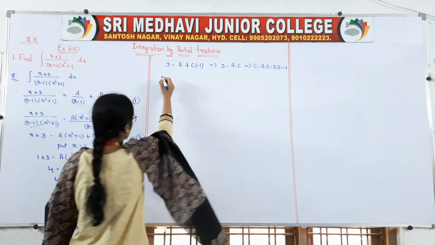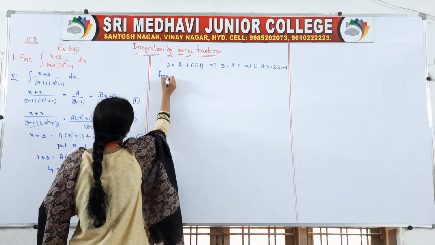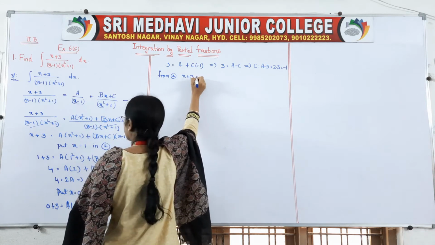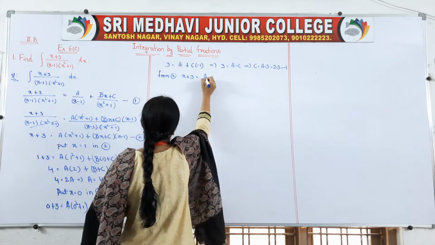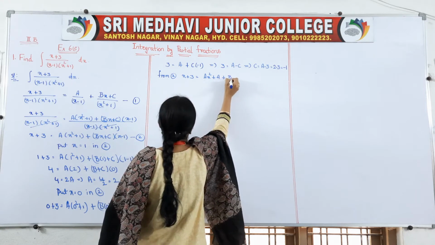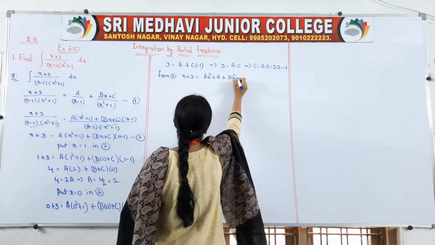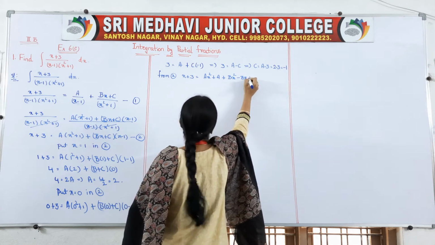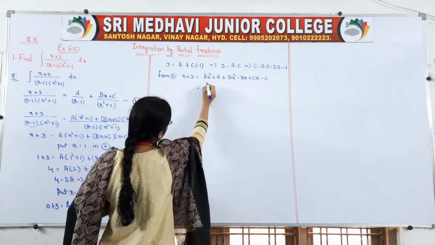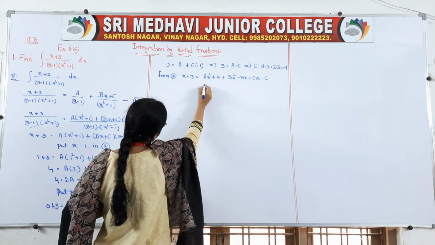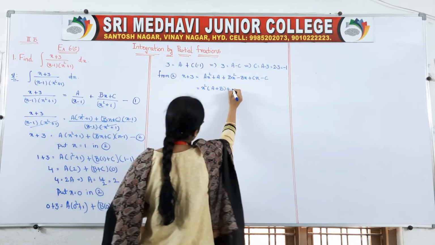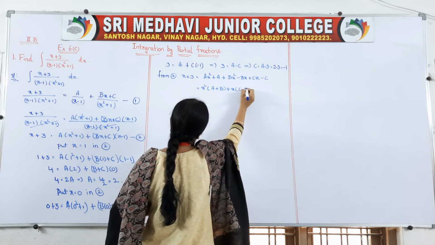So from equation 2 we will have x plus 3 is equal to a x square plus a plus b x square minus bx plus cx minus c. Okay, so it is equal to, you take x square common, then you will have a plus b. Next, take the x term common, you will have c minus b.